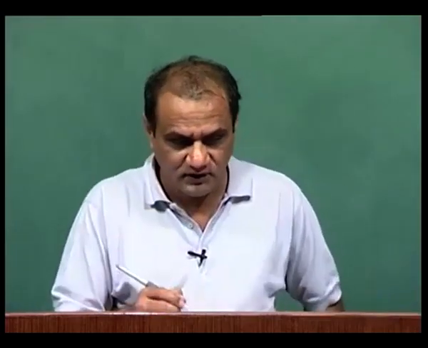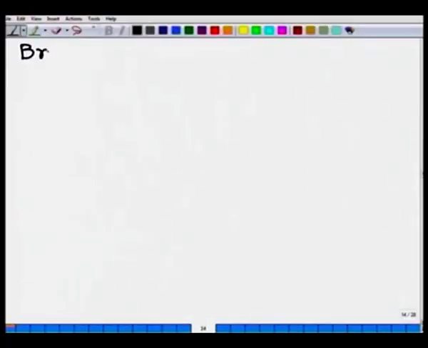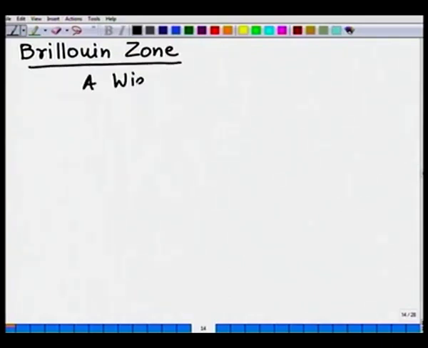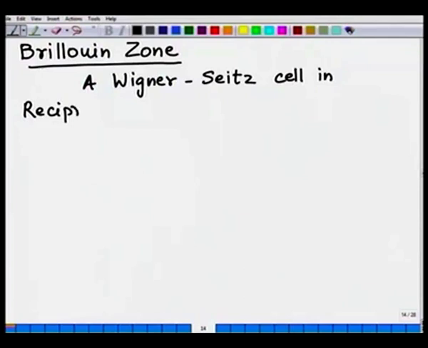Brillouin zone, remember, I have already defined what it is, a Wigner-Seitz cell in reciprocal lattice. The only thing I want to say right now is why do we bother about it?